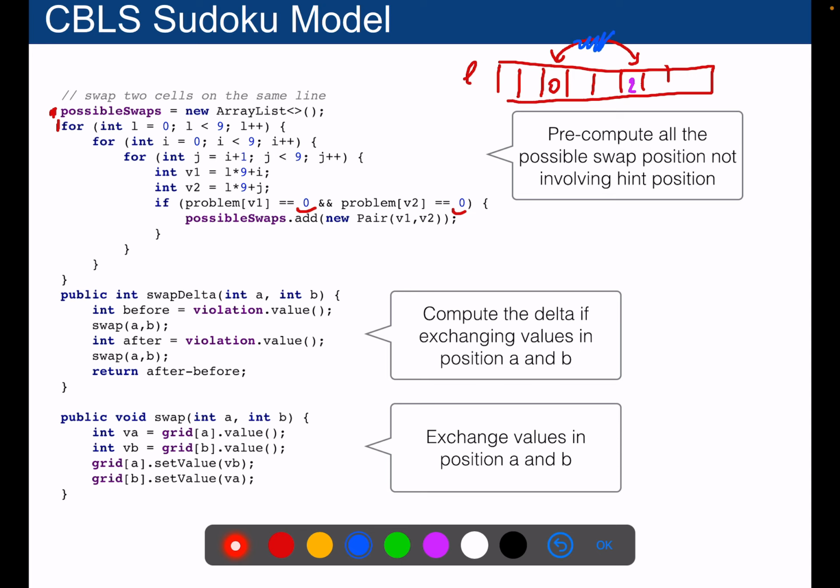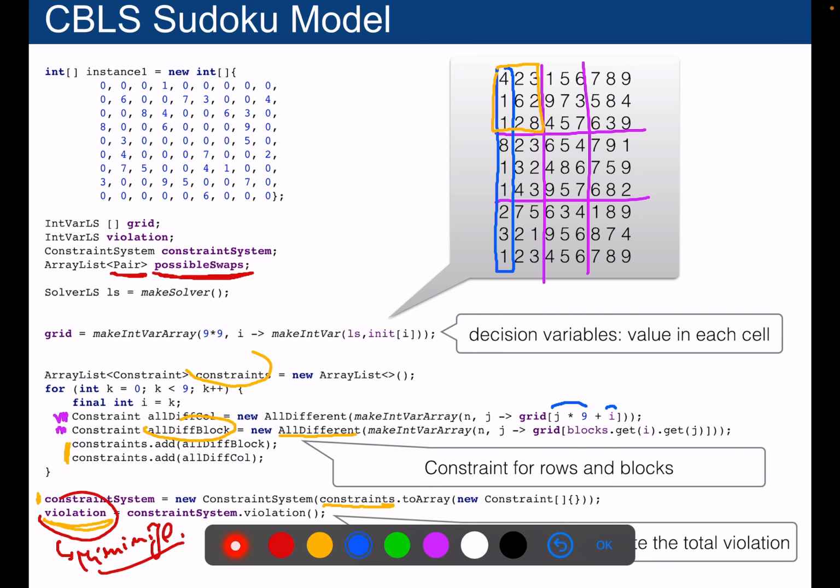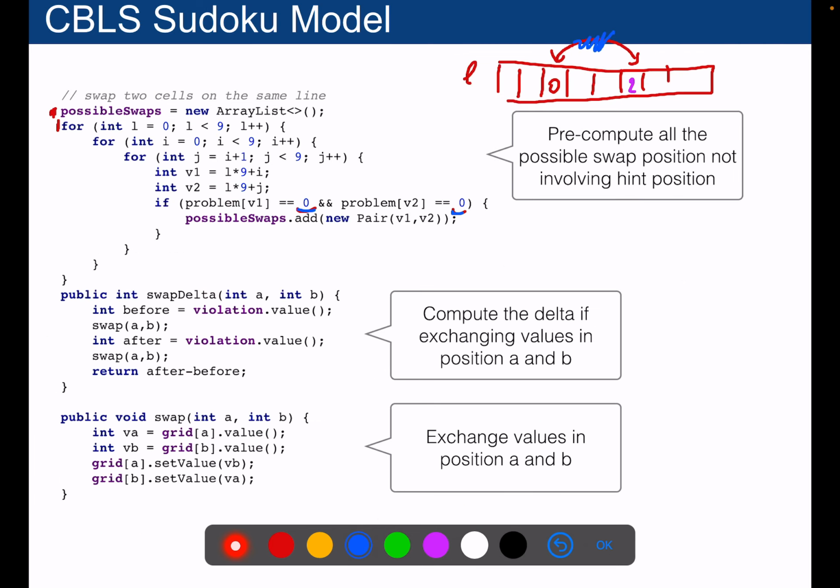Okay, I will only add swaps if it does not involve a non-zero, because if you remember from the instance, if it is a non-zero, so for instance, if you have a 6 here, it means that it is a hint position, and in that case, you don't want to consider an exchange that involves a specific cell that is a hint position of the problem.